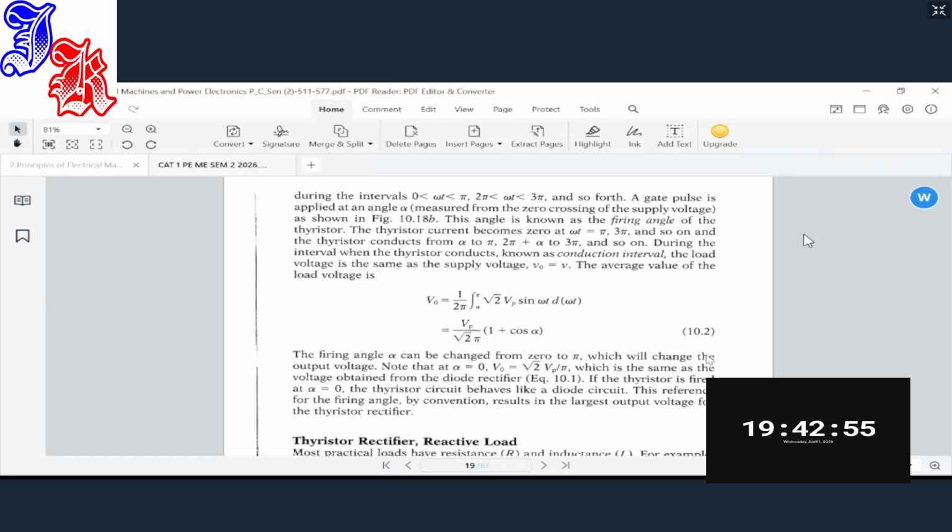What will be the output voltage? Christopher, redo again. Cos alpha, now alpha is 0. You guys are getting 191? It is not 191. Vp is 240.